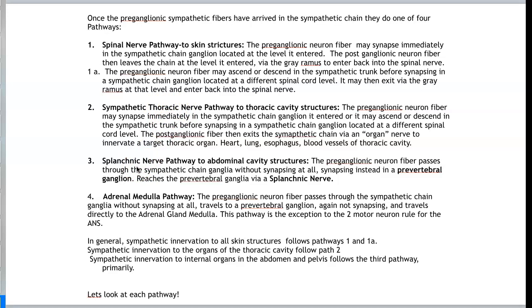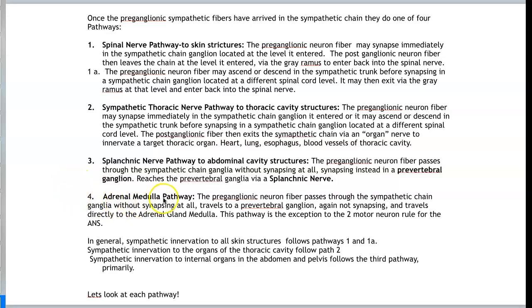If you are going to the abdominal cavity, you are going to be traveling via a splanchnic nerve into the prevertebral ganglion. So you're going to enter the sympathetic chain. You're going to leave through the splanchnic nerve. That splanchnic nerve will take you to your prevertebral ganglion, where you will synapse with your second postganglionic neuron. And then you'll go to your target organ.